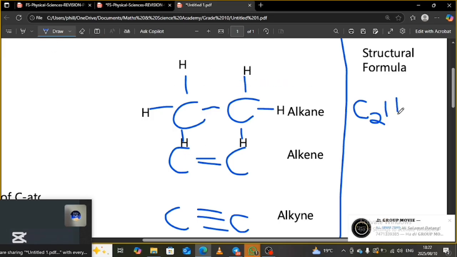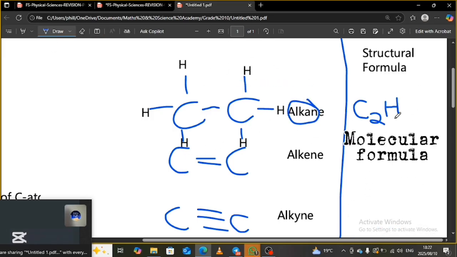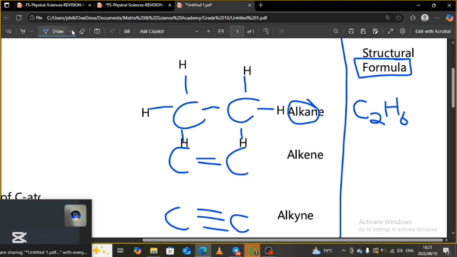So for this alkane, its molecular formula is C2H6, and we can see from this diagram that we have 6 hydrogens surrounding the carbons. The general formula of alkanes is CnH2n+2.